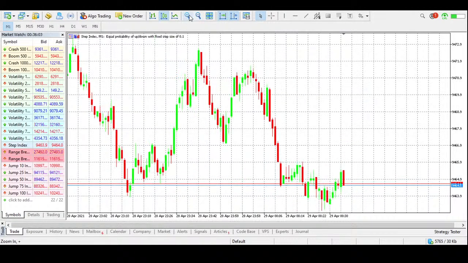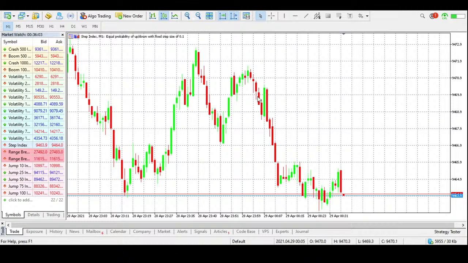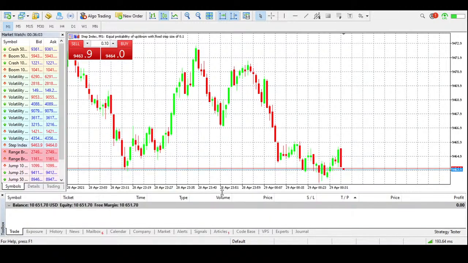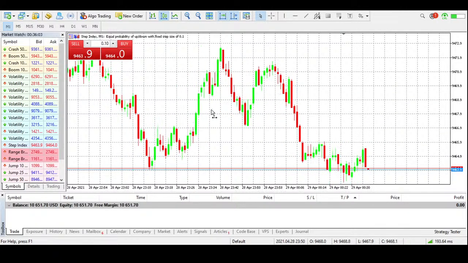So what's happening on step index? Okay, so if I activate my one-click trading by pressing Alt T and I set this to 0.10, and I go for a buy, I don't know why step index is not loading.